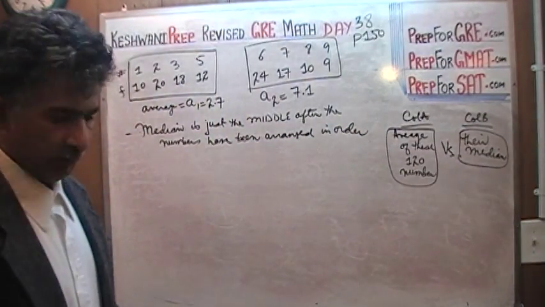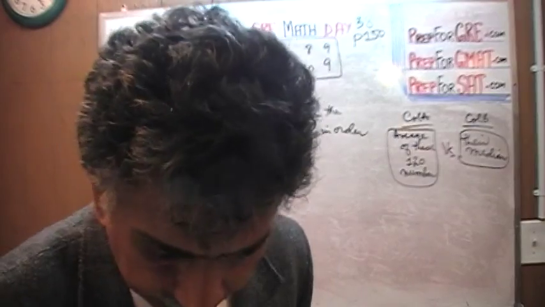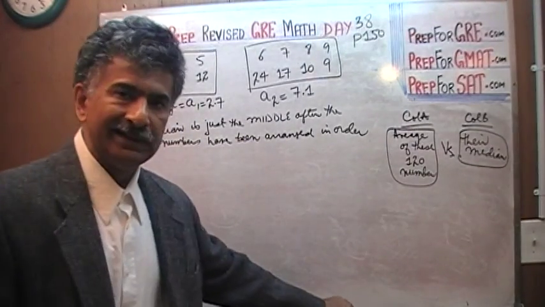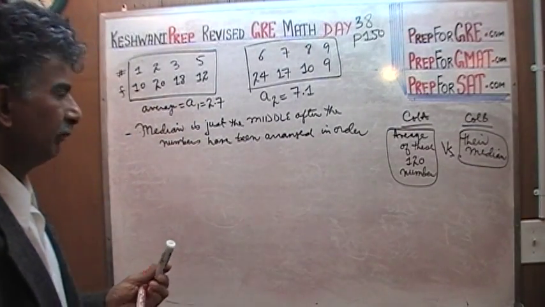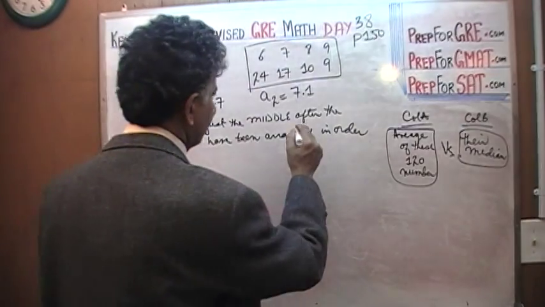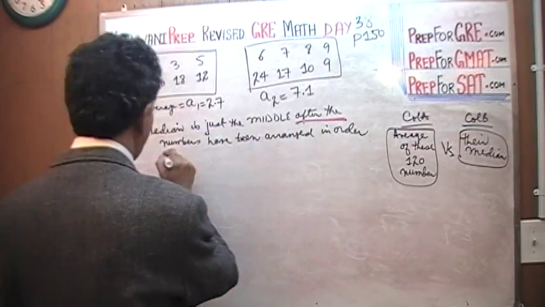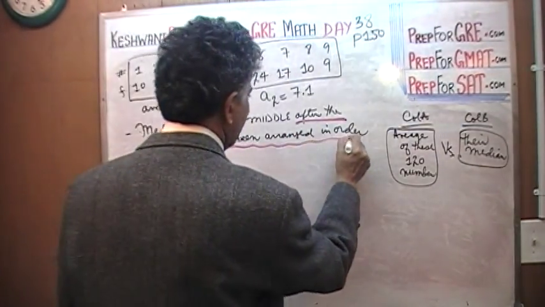It is very important. Simply saying that the median is the middle number is not enough. It is very important that you qualify your statement: after the numbers have been arranged in order.